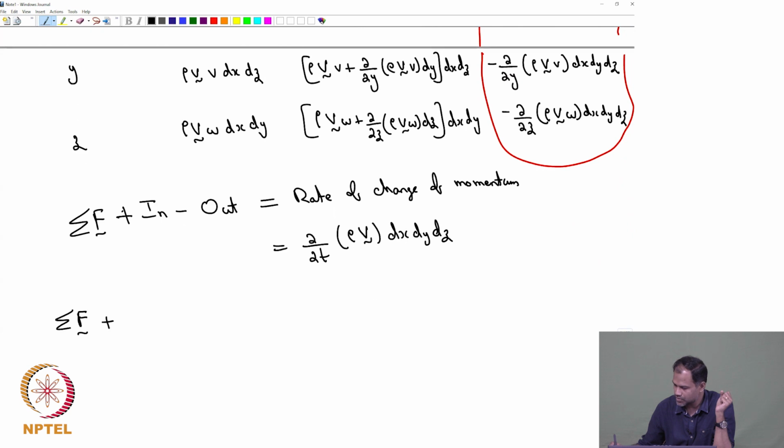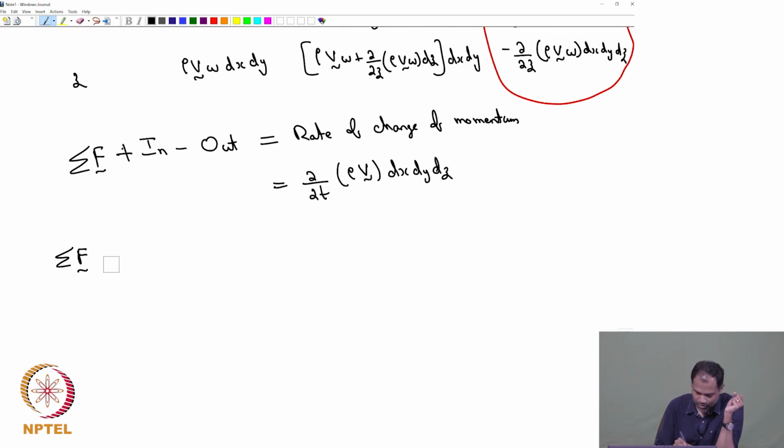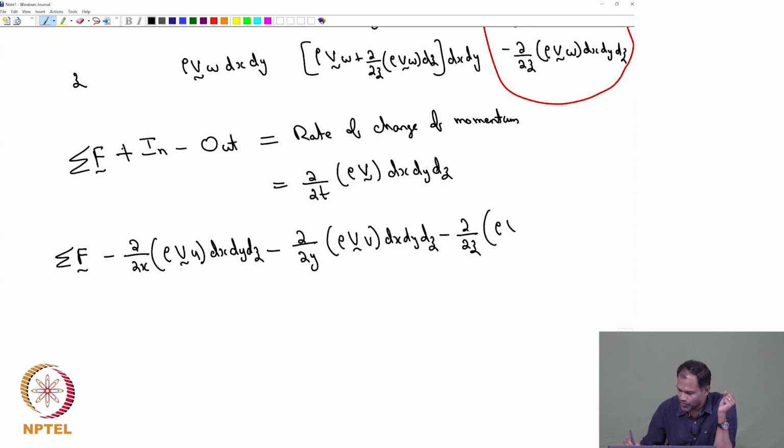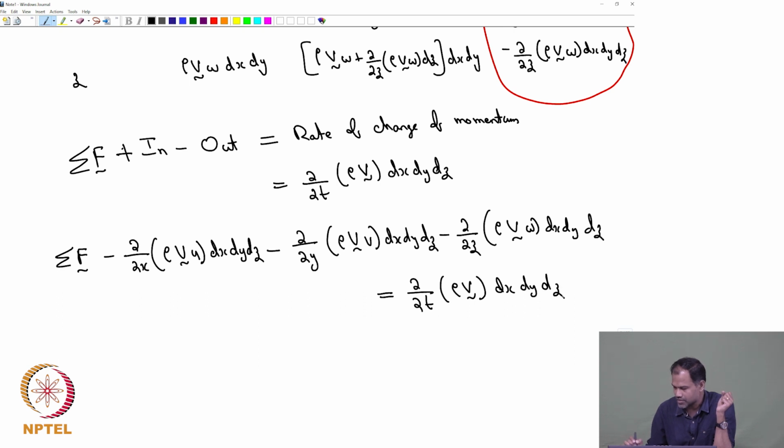So, I will write that down. So, it is minus del by del x of rho v u times dx dy dz minus del by del y of rho v v times dx dy dz minus del by del z of rho v w dx dy dz is equal to del by del t of rho v times dx dy dz.